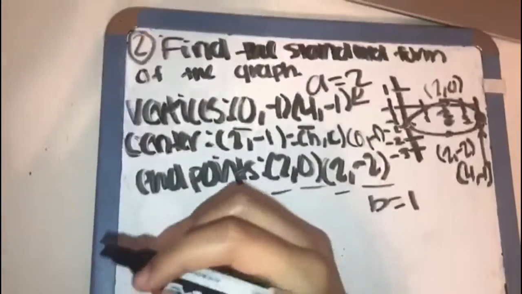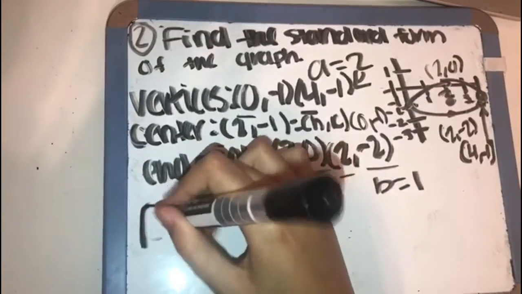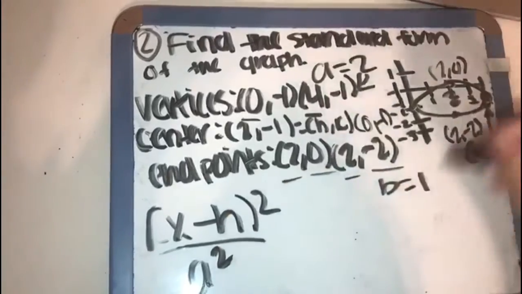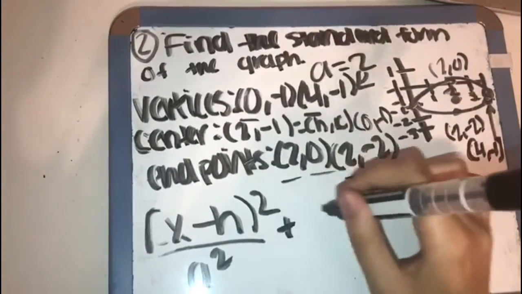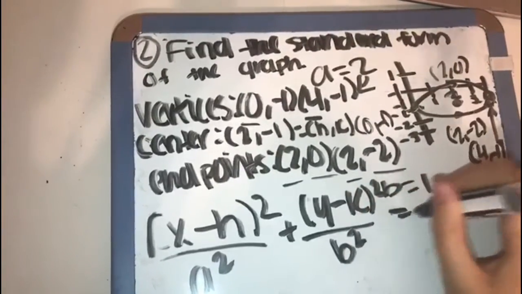I talked about that previously in the review part. So this is the formula of the standard form we're going to use, since we're interpreting from the graph, and we're trying to find the horizontal one, right?